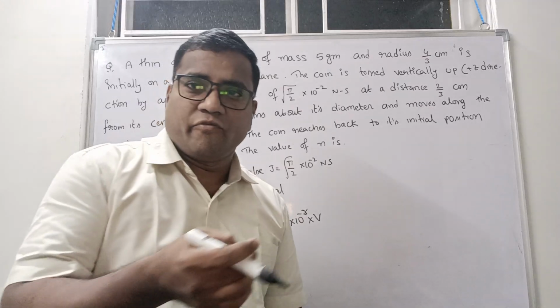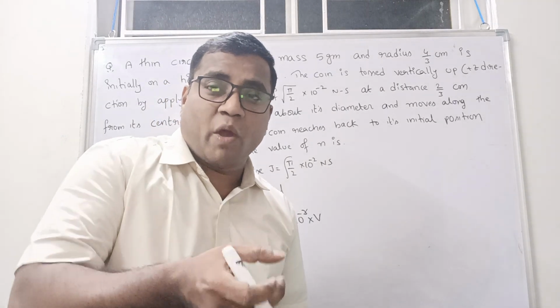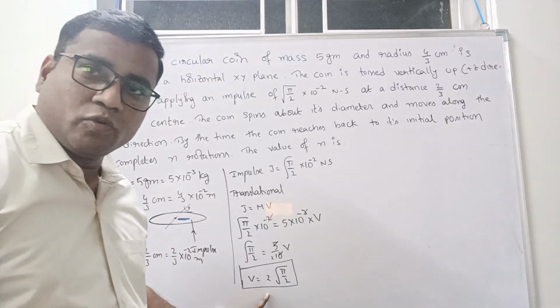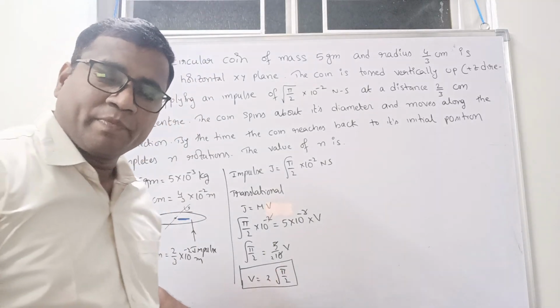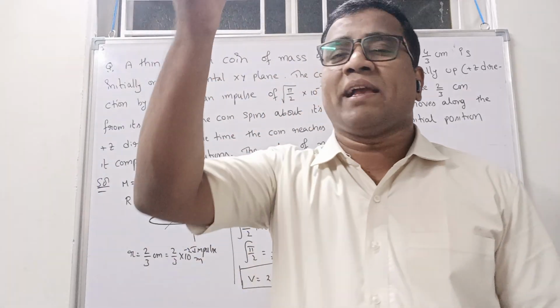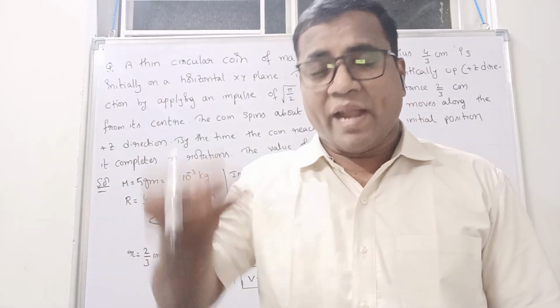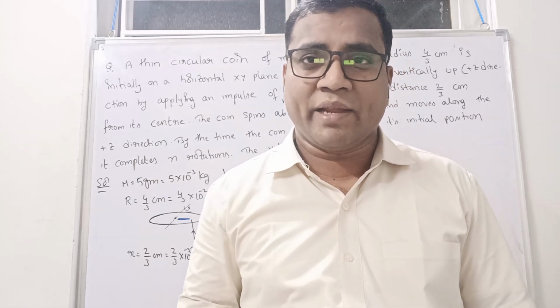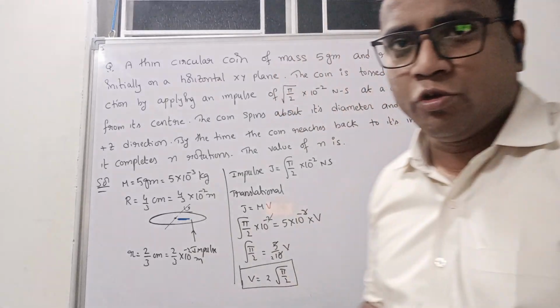When we applied the impulse, the center of mass of the coin will move upward with some velocity, 2 root of pi by 2. We know when a body is projected upward with velocity u, it reaches the maximum height and comes back again. To find the time of flight, the formula is T is equal to 2u by g.